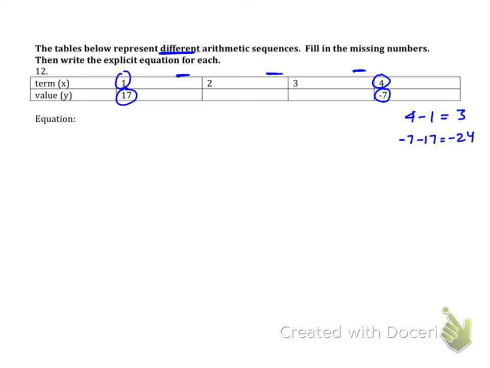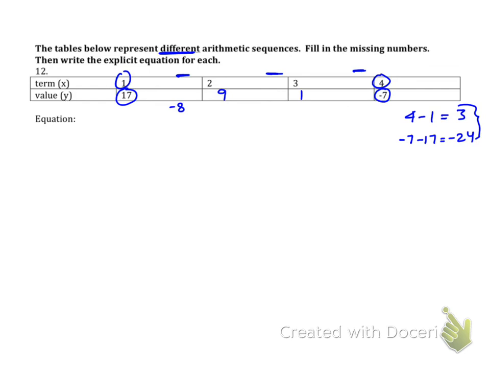So each time you can see it's dropping by, with the help of these two numbers, you can say that it's dropping by the change in y over change in x. Every time it's dropping by -8, so you have to subtract 8. So it gets 9, again 1, and -7.